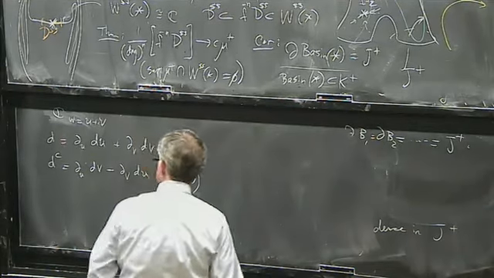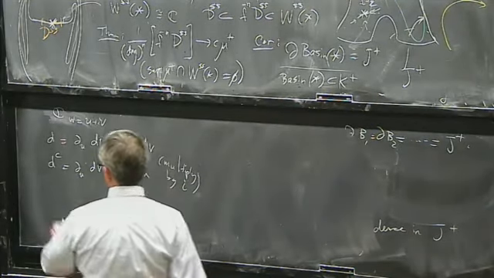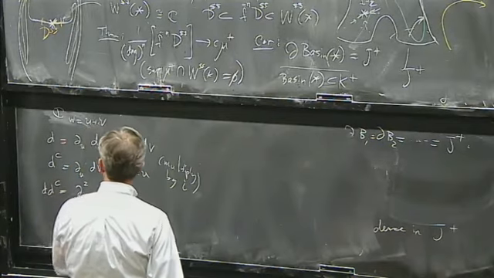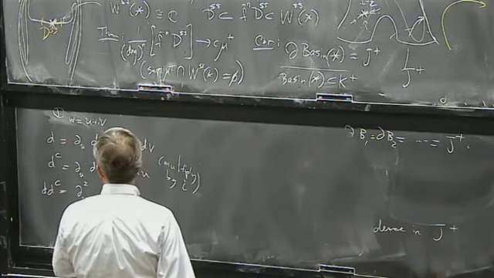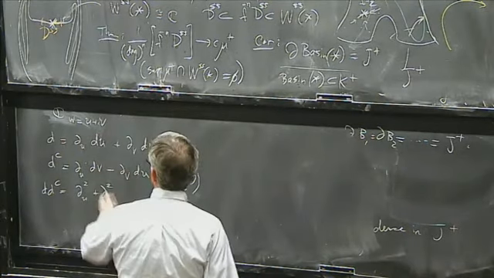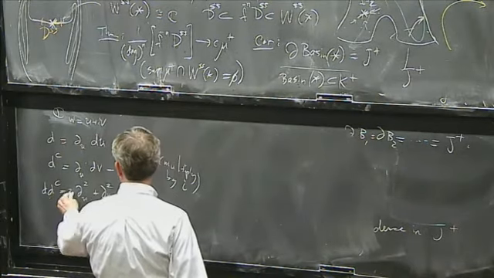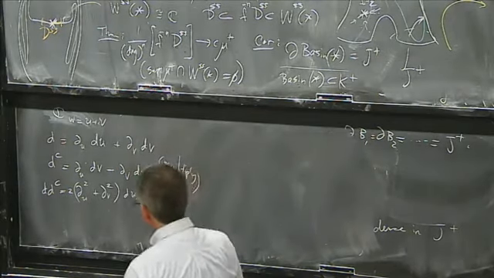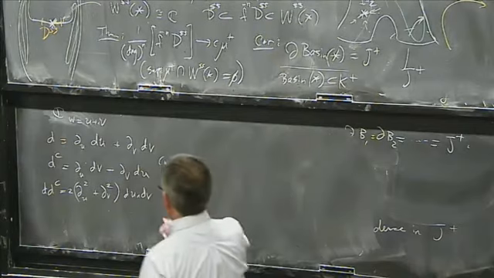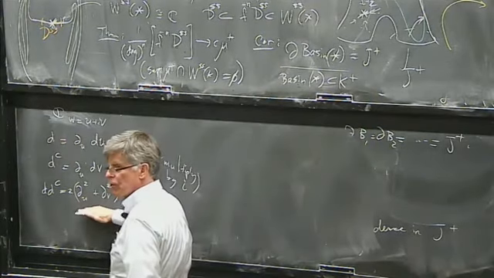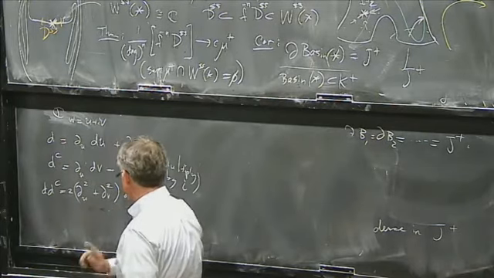So if I take d d^c, I'm going to have du squared plus dv squared, and then I'm going to have uv, so I'm going to have a 2. You can view this as using the complex structure to give us the Laplacian in one variable.